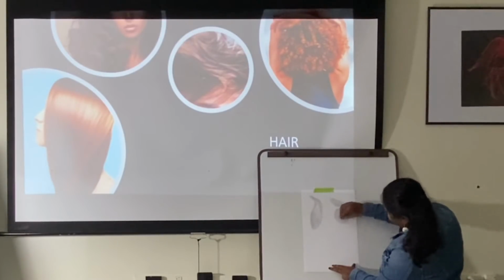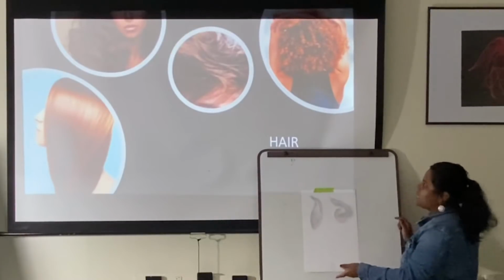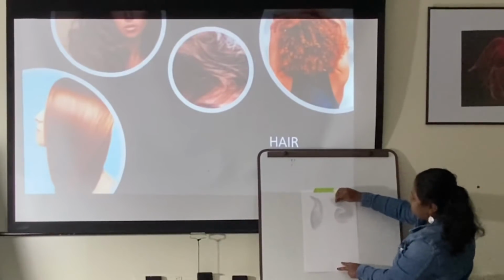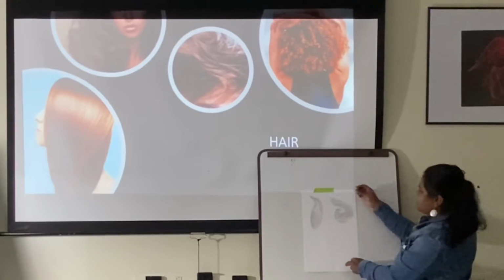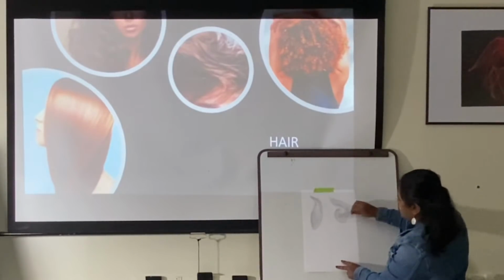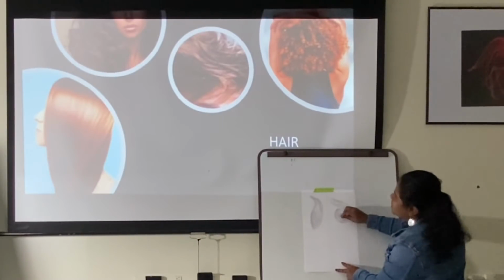I'm pulling out the highlights now. Same thing as you did over here. You're pulling out your highlights. So you're taking your eraser and removing some of the lead again. Like I said, it's an adding and subtracting process.